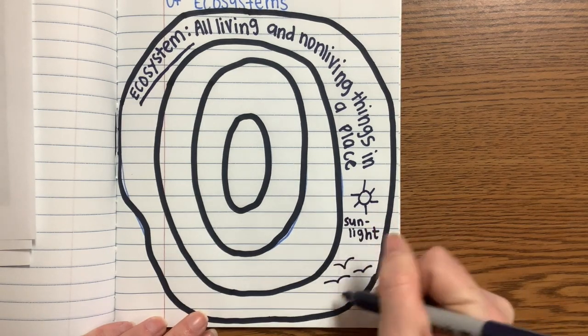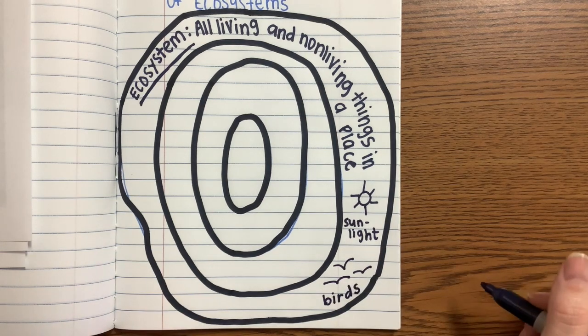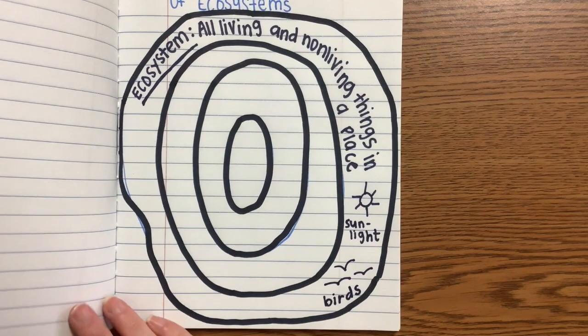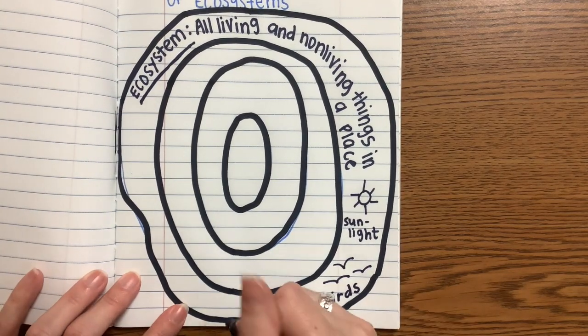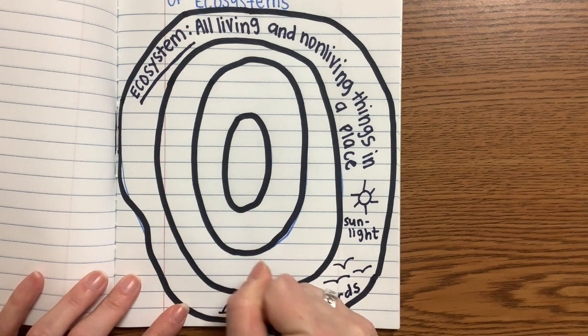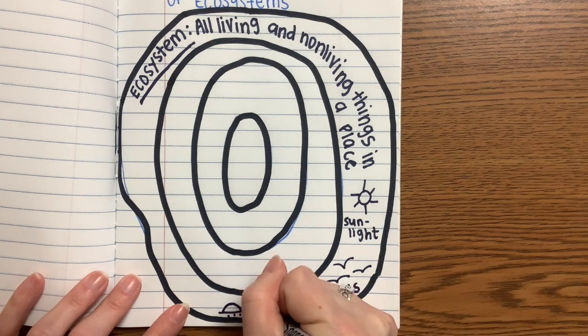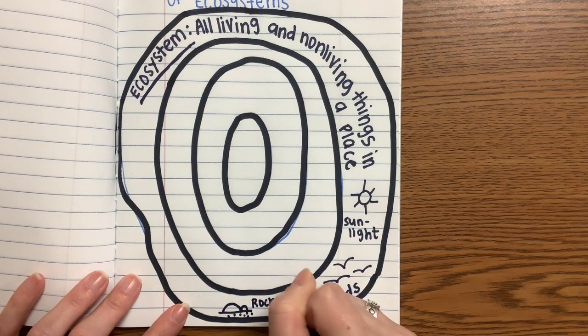Birds. Have you ever seen birds drawn like that? They were kind of drawn like that in our Arctic ecosystem. Okay, so we have sunlight, birds. An important one is rocks and soil. So I'm going to draw 2 rocks, some soil at the bottom. I'm going to write rocks and soil. It's so important for us to label our words.